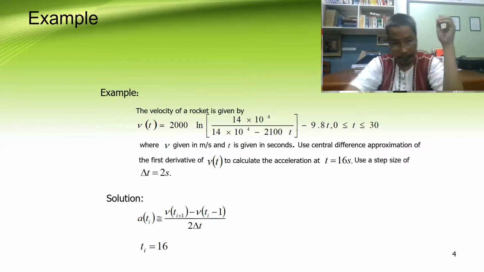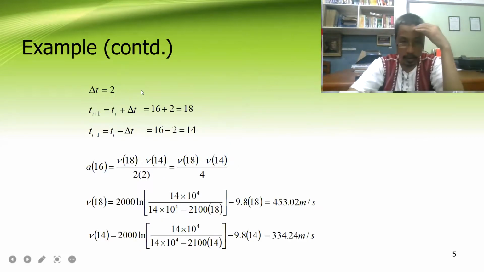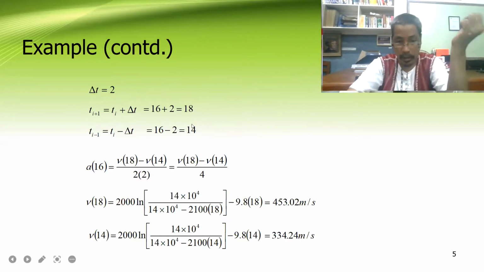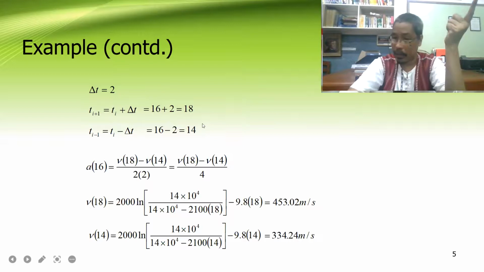Okay. So we have the following information: t is 16, delta t is 2 seconds, and you would like to solve the velocity at time equal to 18 seconds and at time equal to 14 seconds.